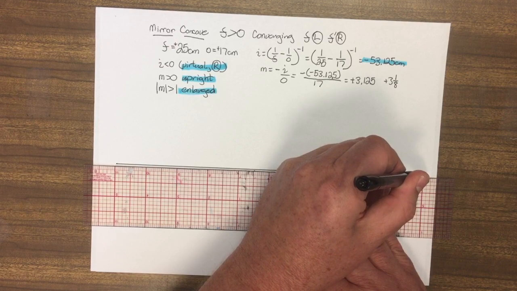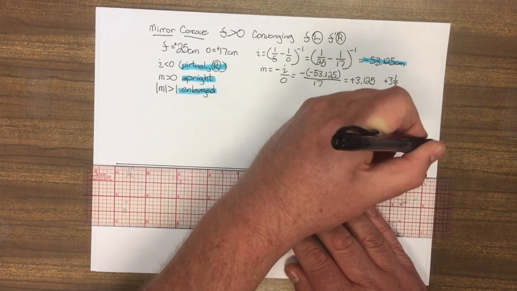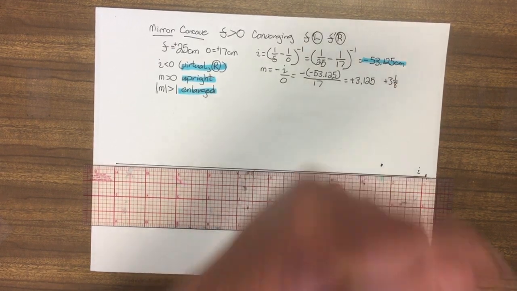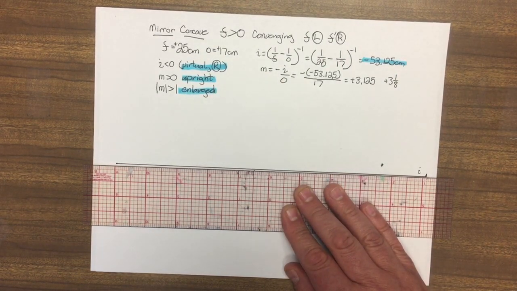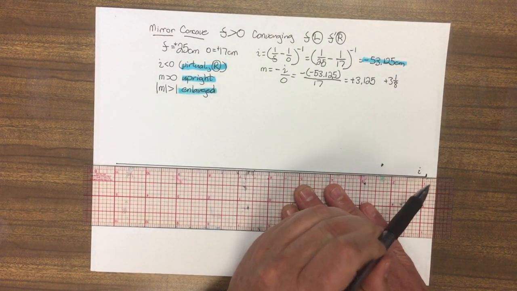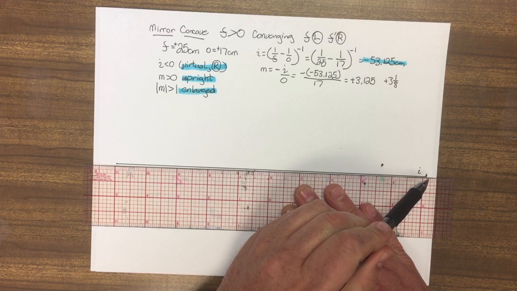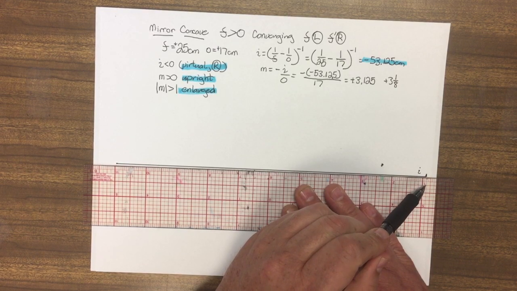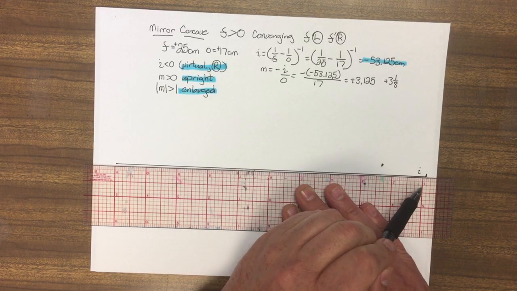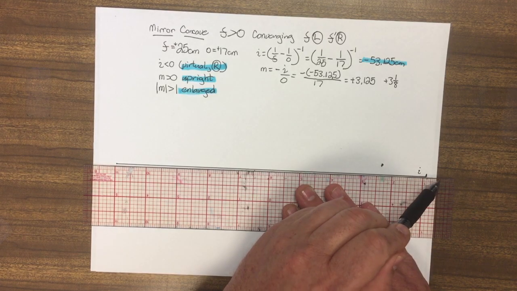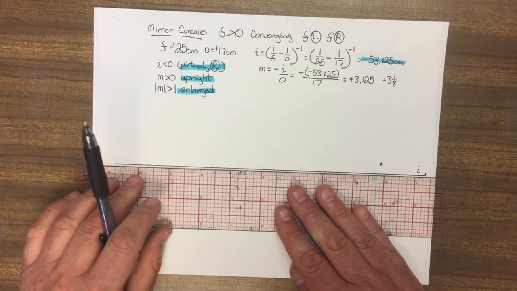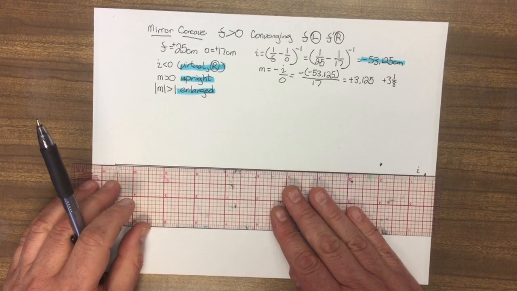So you typically start with the image or object, the biggest number. So that's 53 and 1/8. Oh wait, 53 and 1/8, 50. So that would be 55. All right, so we gotta back this up just a bit.